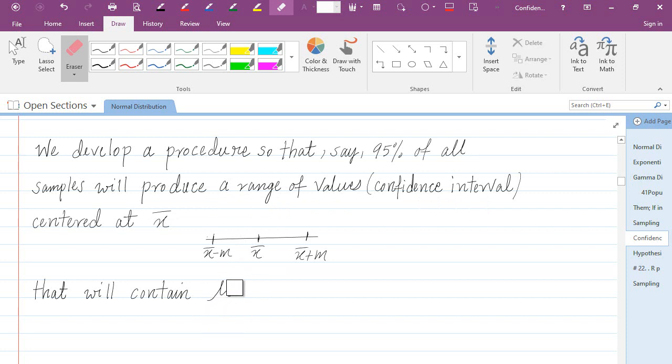That is, if we take samples repeatedly and compute the sample mean repeatedly for each sample that we obtain, then 95% of all samples will produce a sample mean and a confidence interval that will contain the population mean mu.